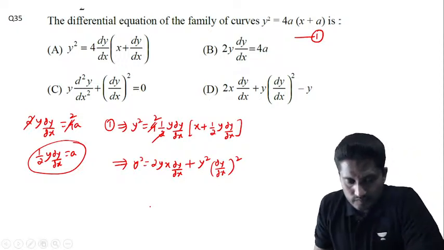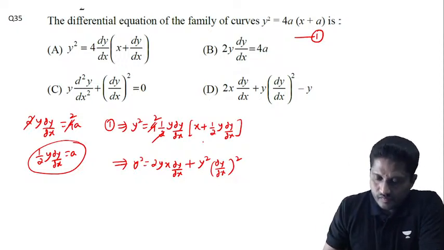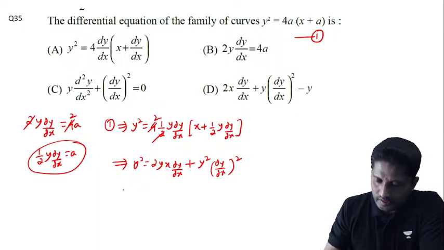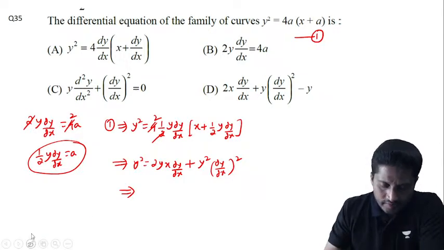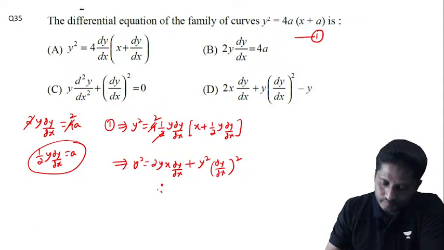Okay, now this can be written as, it should be last option D only, guys. 2x, so the y is common throughout, I'm going to divide by y. If you divide throughout by y, you get y is equal to 2x into dy by dx plus y into dy by dx the whole square.